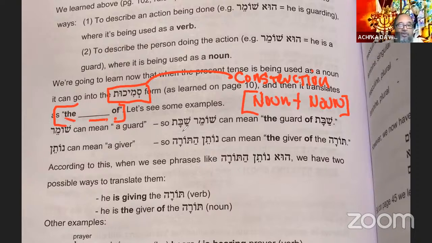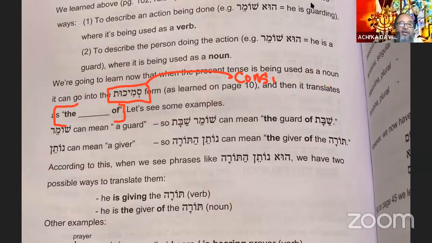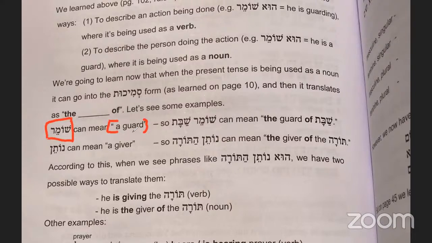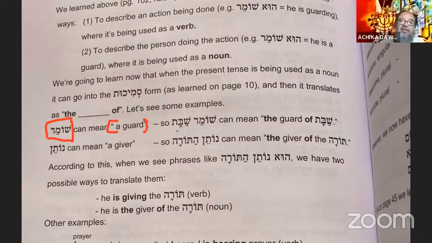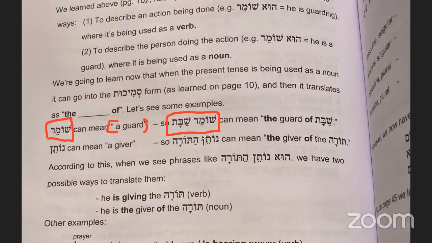So what do I mean by that? Let's look at the word shomer, and they're using it as a noun. Shomer. It's a guard. What is the guard doing right now? Since it's shomer, what is the guard doing? Guarding. Good. So shomer Shabbat. What does that mean? Guard the Shabbat. It's guarding the Shabbat.